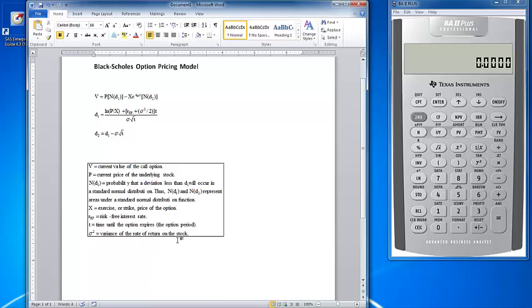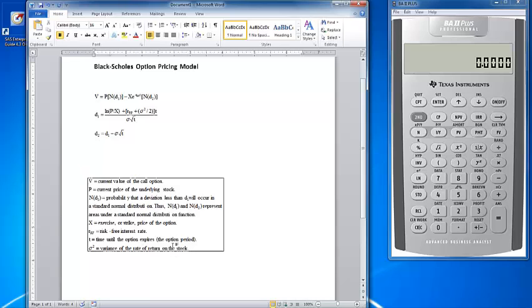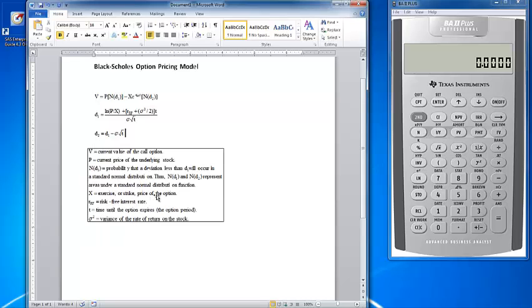Okay. So the first example we're going to look at, we're going to say the price of a stock, the current price of the stock today, is equal to $50.